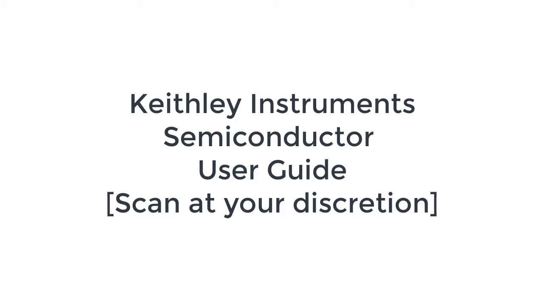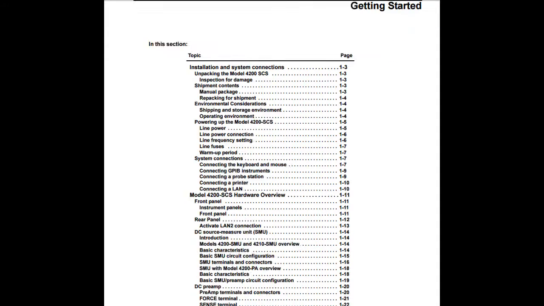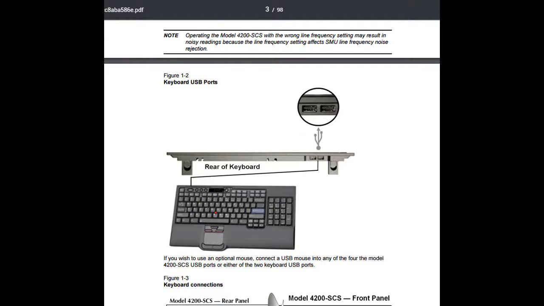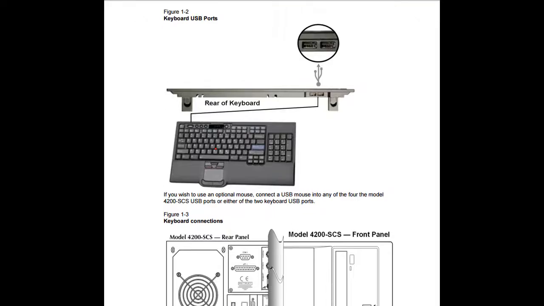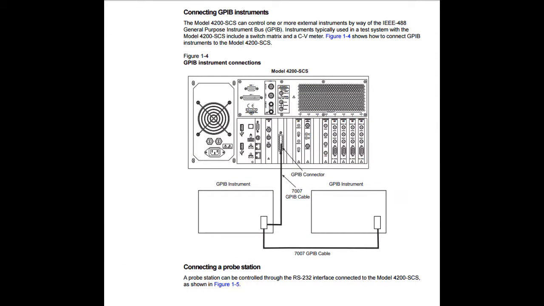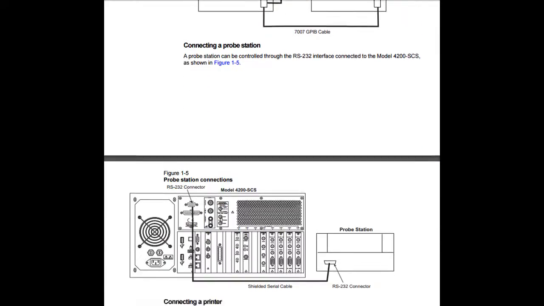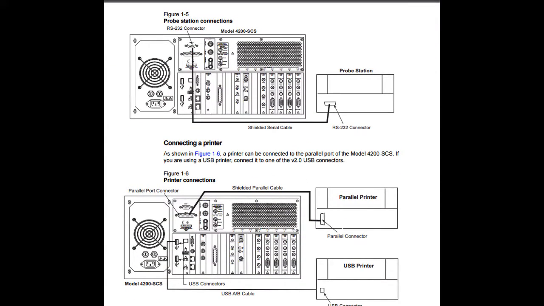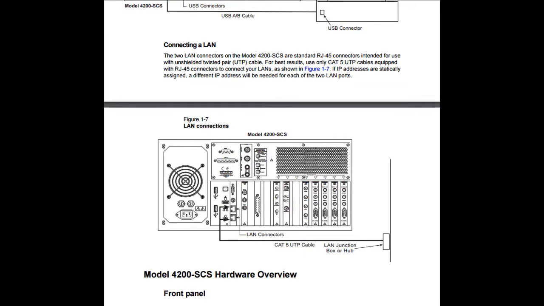At Keithley Instruments, it was my responsibility to create and edit a 400-page user manual, which was originally a 1,500-page document. I would suggest that anyone looking through this section may want to skim through and scan through according to their discretion.